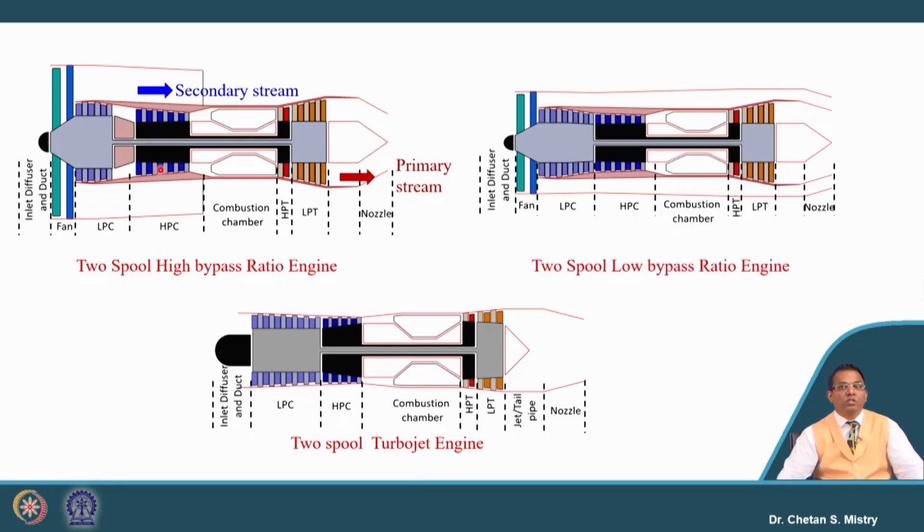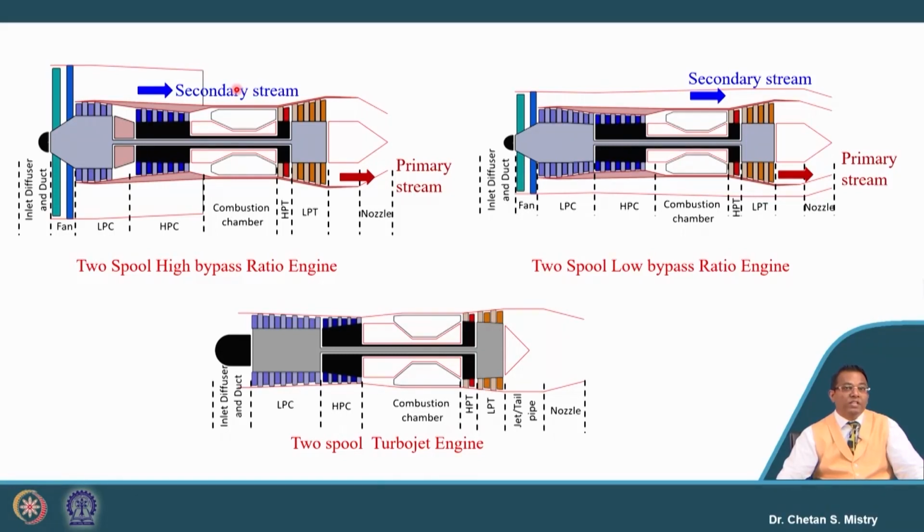Just look here, we have a larger diameter fan placed in front of the core engine, or turbojet engine, that we have defined as a high bypass ratio engine, where we have primary and secondary streams. What are the benefits that we have discussed?